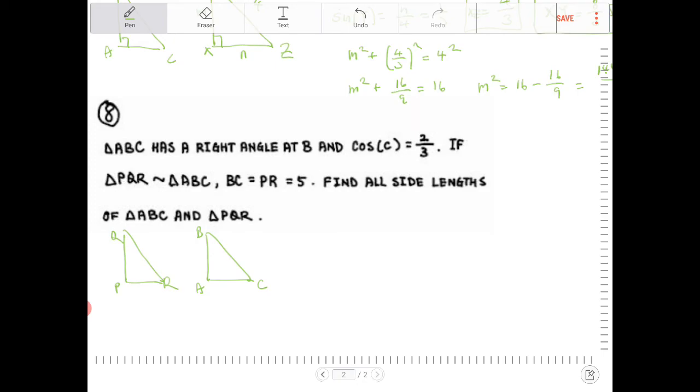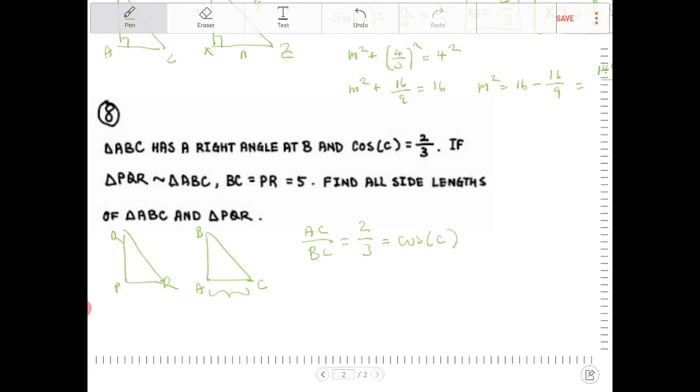So if I'm calling this C, then the adjacent side here, this is the adjacent and this is the hypotenuse. So AC over BC will be equal to 2/3, because cosine of C is equal to 2/3.